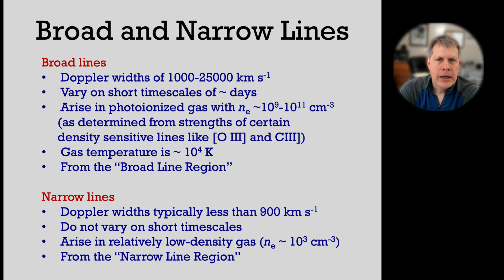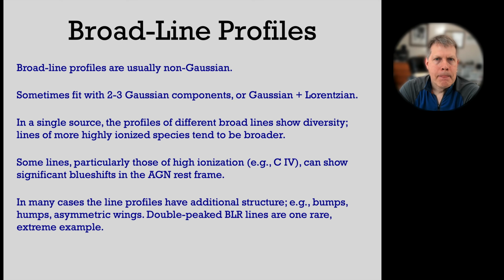You typically need a couple of Gaussian components to be able to statistically fit the line in an acceptable manner, or some people prefer a Gaussian and a Lorentzian combination, and there are debates over which approach is the best, but the lines have profiles that are significantly more complex than just a single Gaussian.